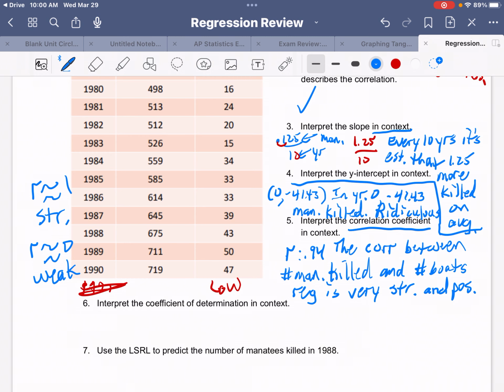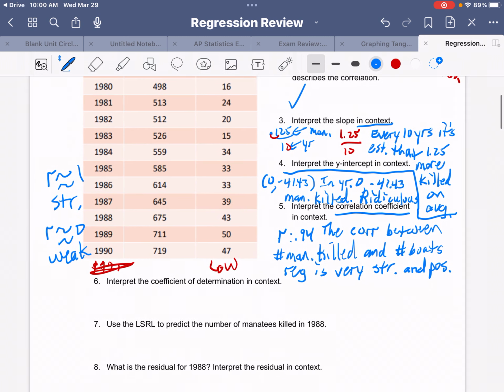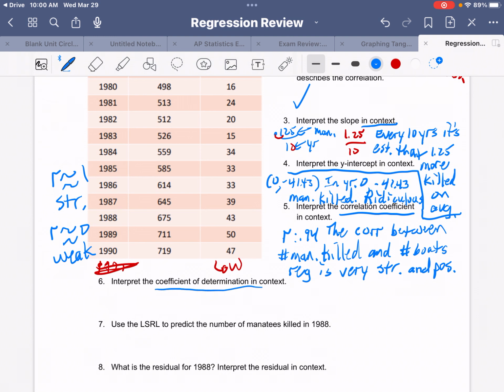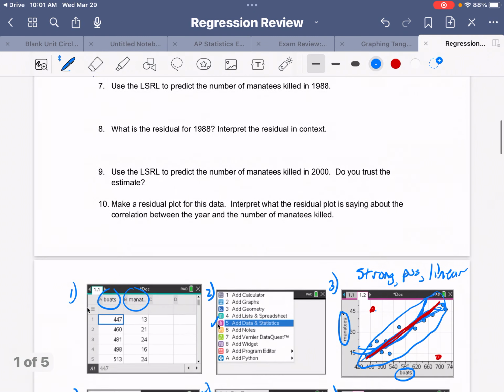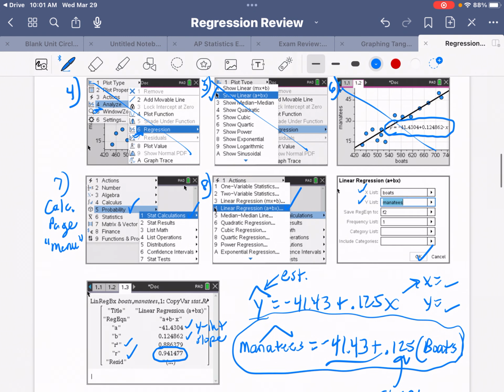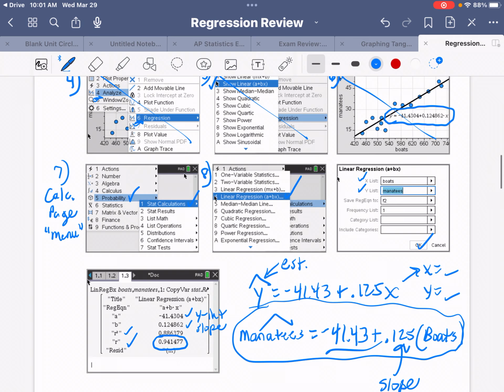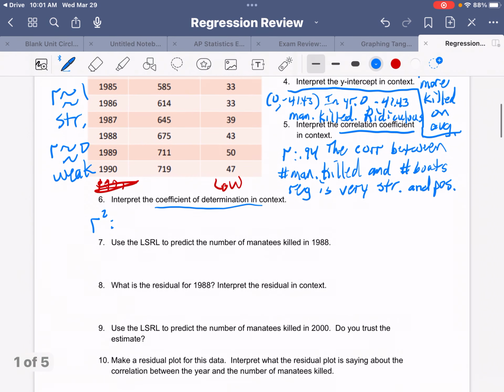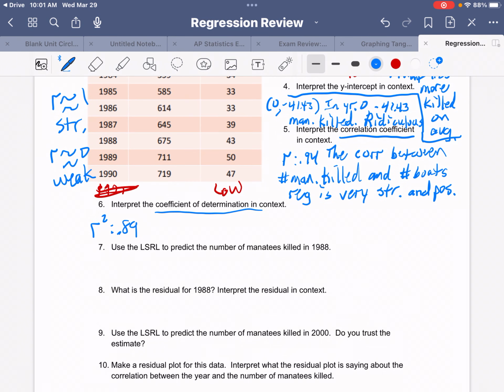Interpret the coefficient of determination in context. Coefficient of determination is R squared. And if I go back and look, the coefficient of determination is 0.89 if I round it a little bit. You may remember I taught you when they ask you to interpret the coefficient of determination, do it the same way every time.